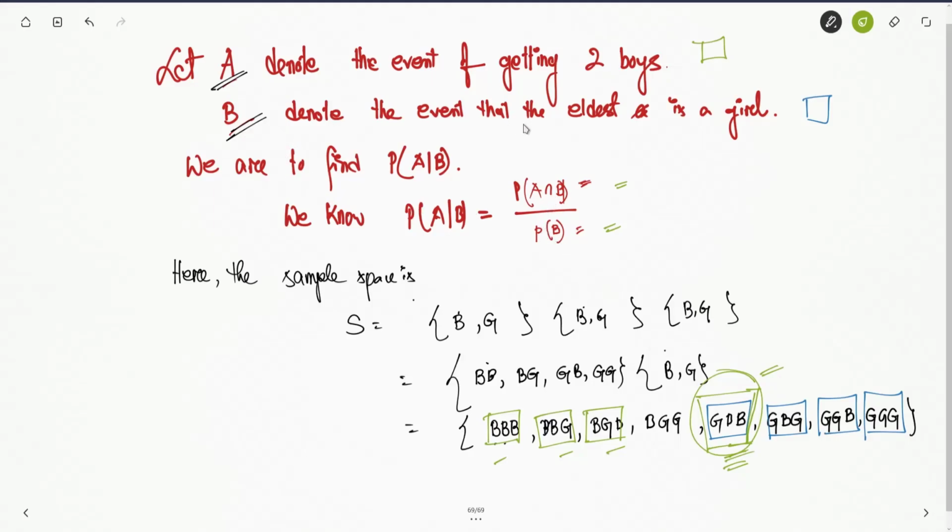And what is B? B is the eldest is a girl. So all the boxes with blue rectangles are favorable for event B, right?